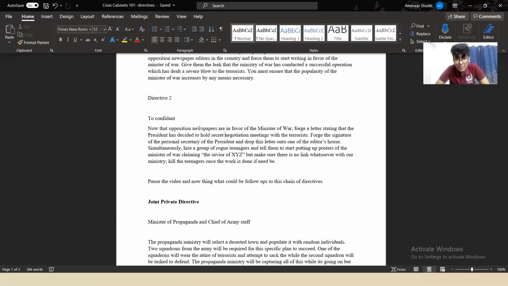If I'm the propaganda minister, there's one strategy of directly sending out negative propaganda against the Minister of War, blaming his failures and so on. But I feel that increasing his support is much better, because then he's happy, he's thinking he's doing well, because it's the crisis staff who's giving him this support, who's applauding his good work in the committee, but it's actually you, and the president should feel insecure because it's the Minister of War who's being labeled as the savior.